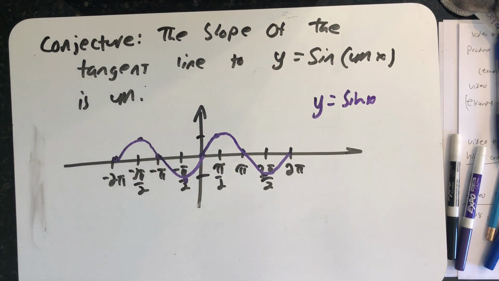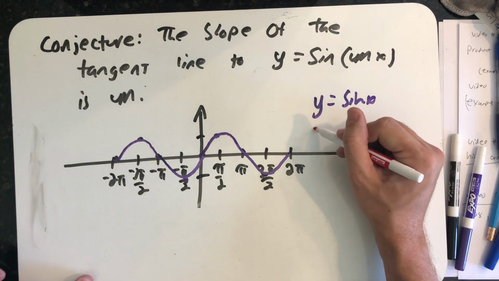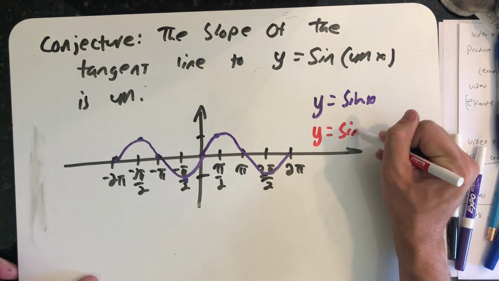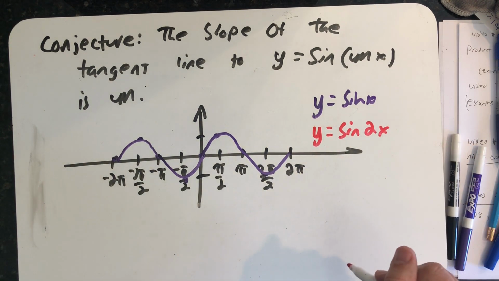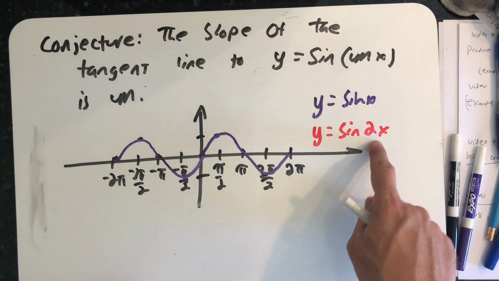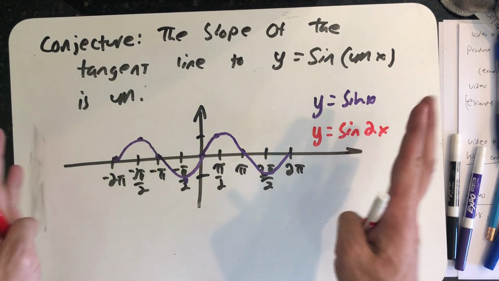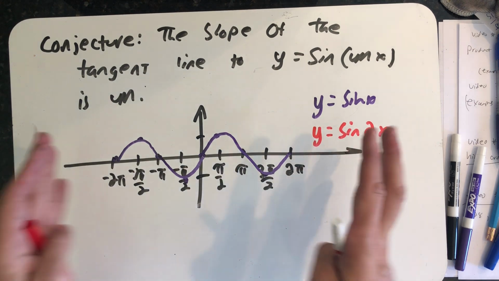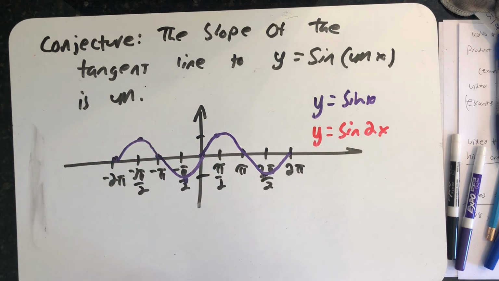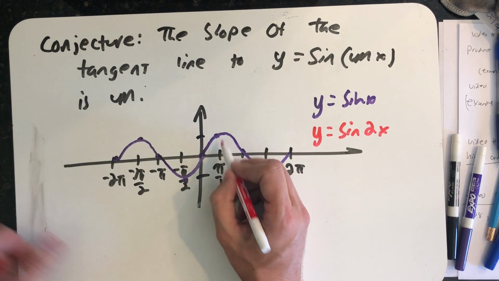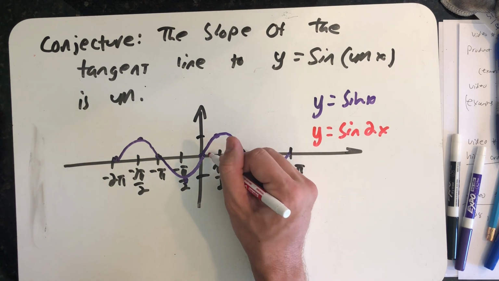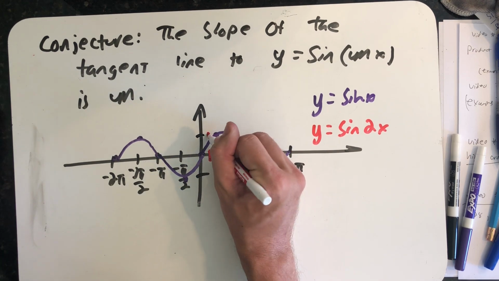and what we just said is the tangent line at the origin there is y equals x. All right, well, let's think about the graph of sine of 2x. Well, I remember that rule from my algebra class that when I replace x with 2x, I compress horizontally my graph. So this point here that was at pi halves will now be at pi fourths.